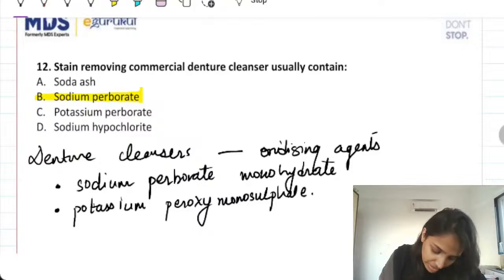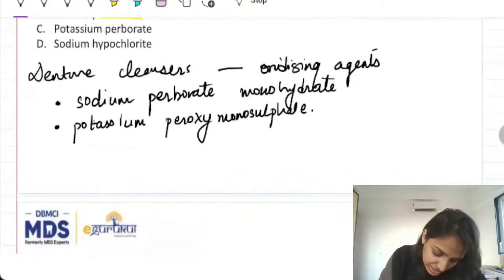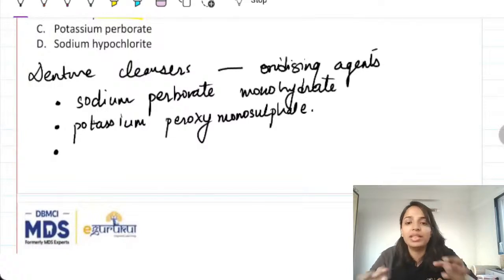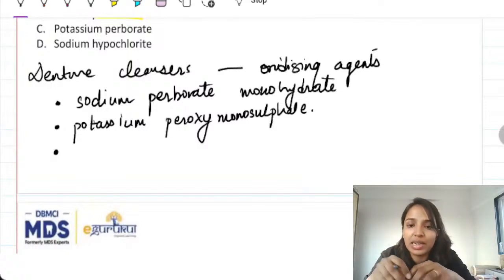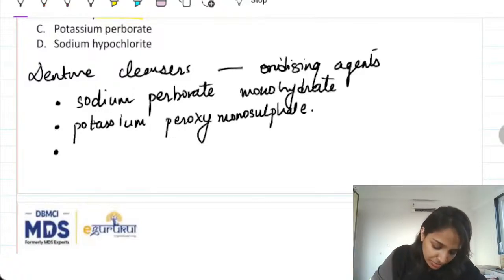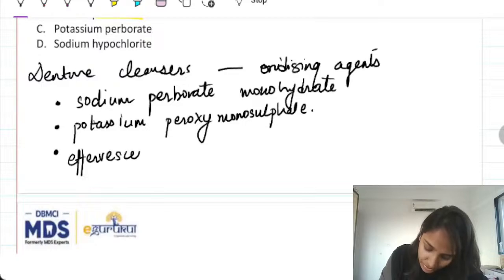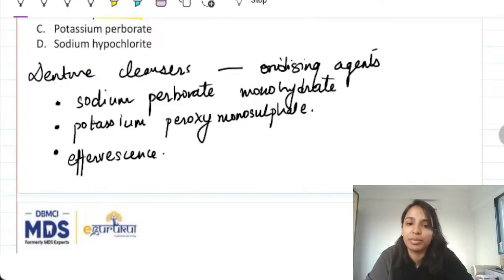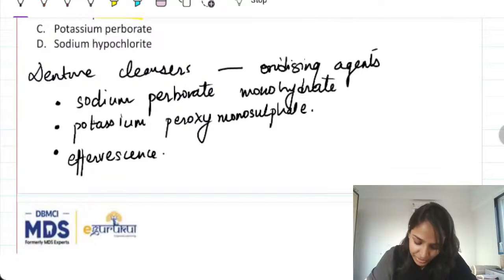They will be acting like bleaching agents, removing the discoloration and stains on the denture. When the sodium perborate is added, it produces hydrogen peroxide, and that will lead to cleaning of the denture, right? So when it is placed in water, there is effervescence that leads to dislodgement of the debris and cleaning of denture.